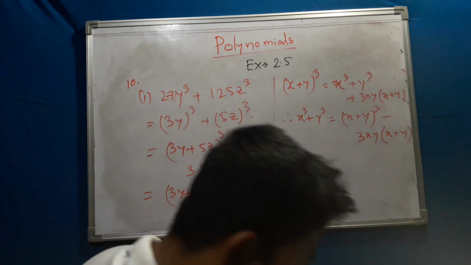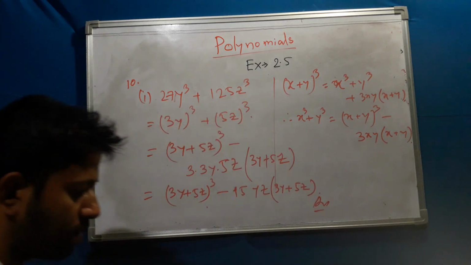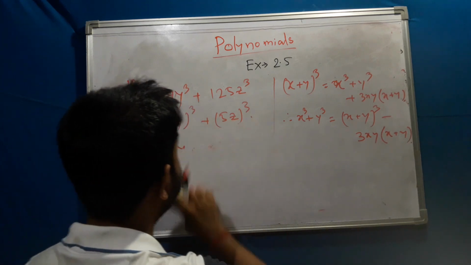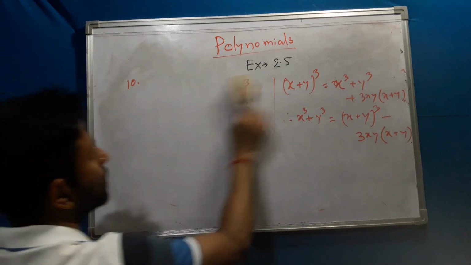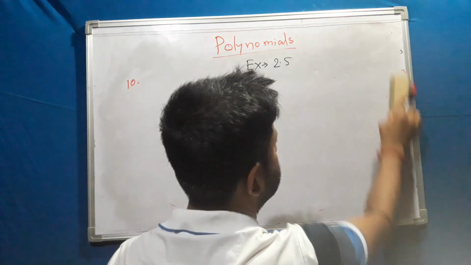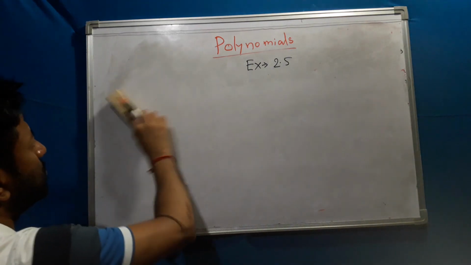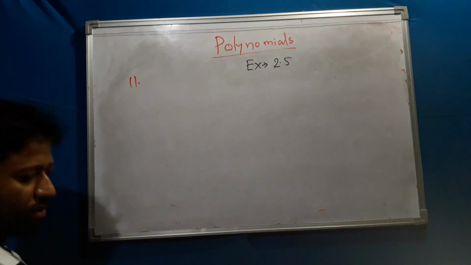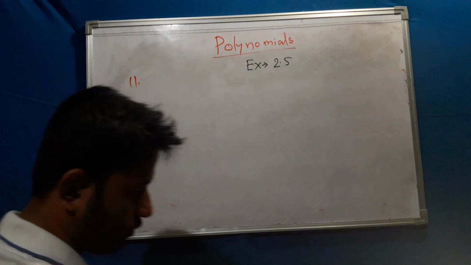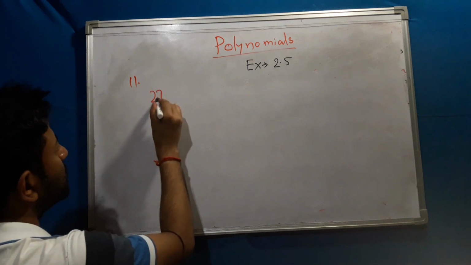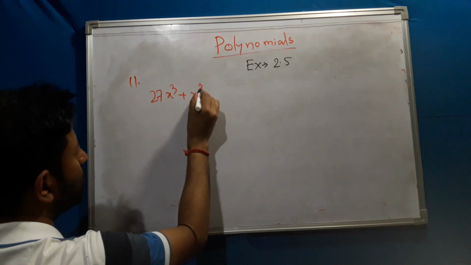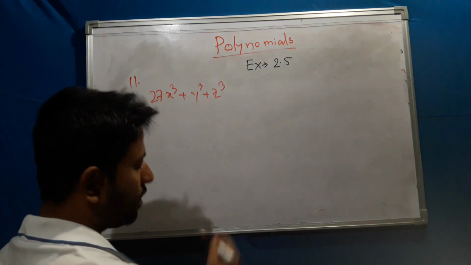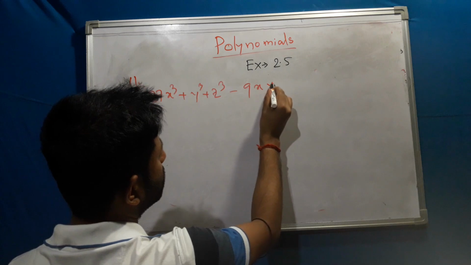After that, I'm shifting towards question number 11. What is question number 11? This question number 11 is a new question, I think. 27x cube plus y cube plus z cube minus 9xyz.